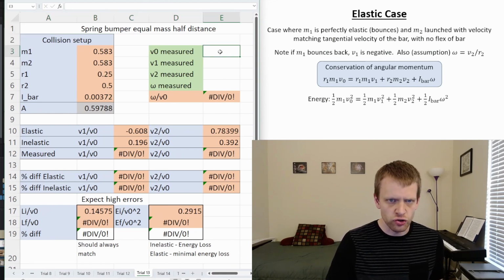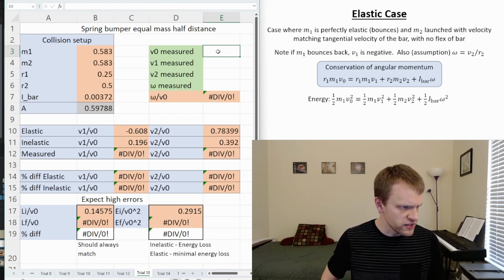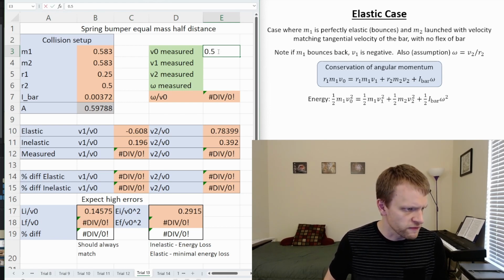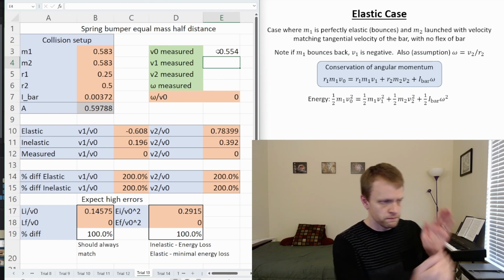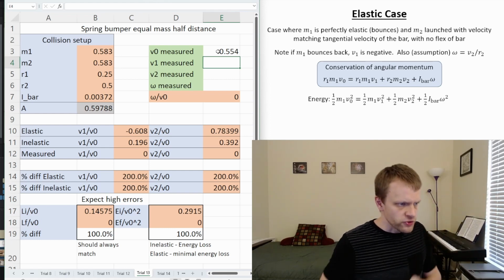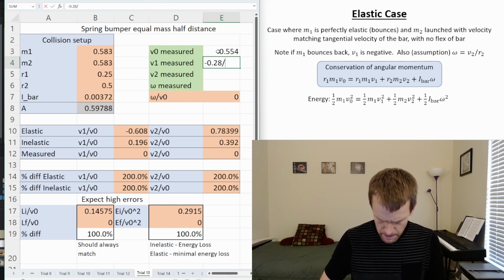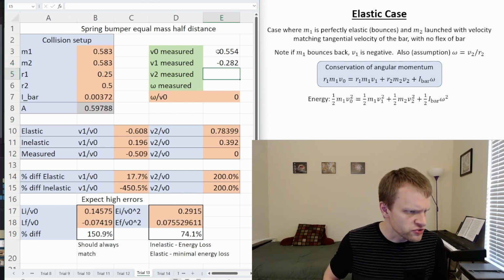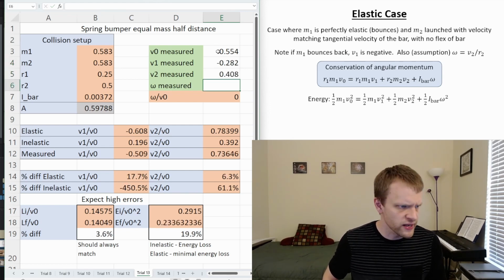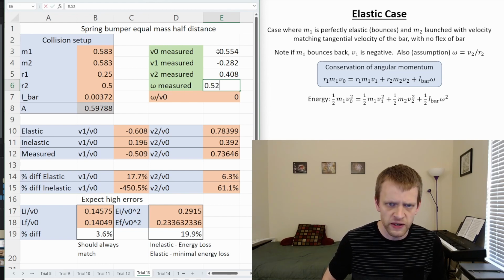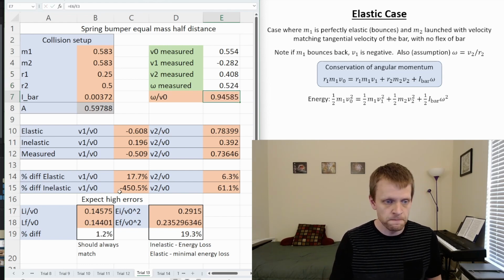And let's look at trial 1. The initial velocity before the collision was 0.554. Object 1 bounces back after, and that velocity is negative 0.282. The velocity of cart 2 is 0.408, and the angular velocity of the bar is 0.524 radians per second.